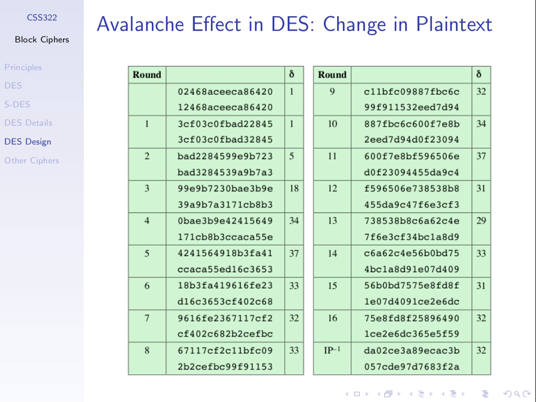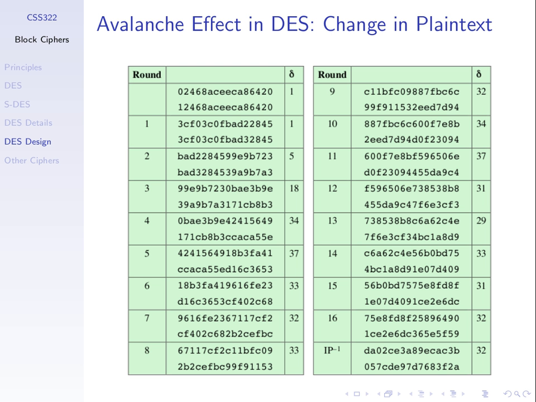And what this diagram shows in each box is the output of the round of DES. DES has 16 rounds plus a final inverse initial permutation. This is the output of round 1 when we encrypt plaintext 1. This is the output of round 1 when we encrypt plaintext 2. And this is the number of bits that differ between these two.